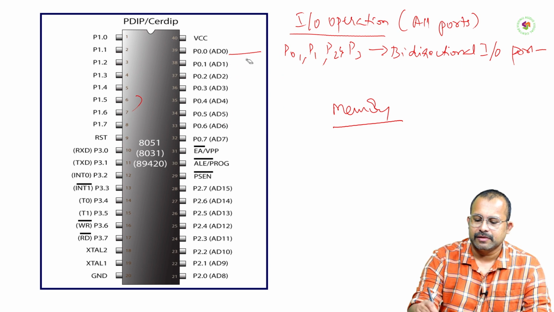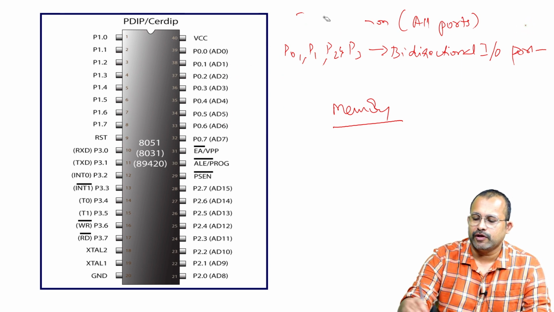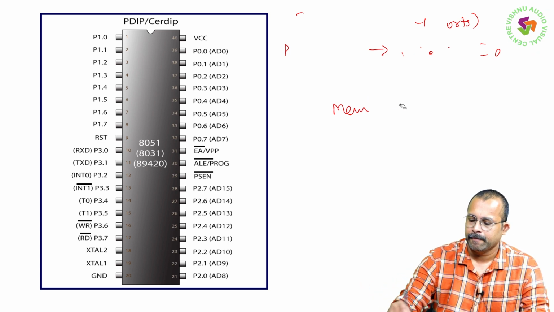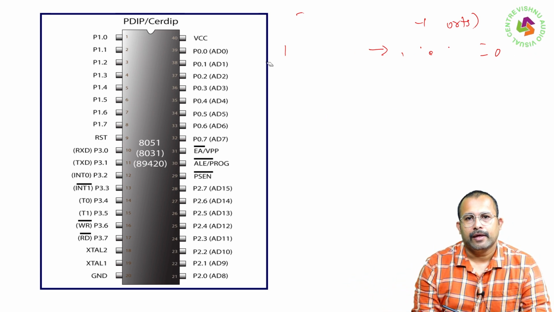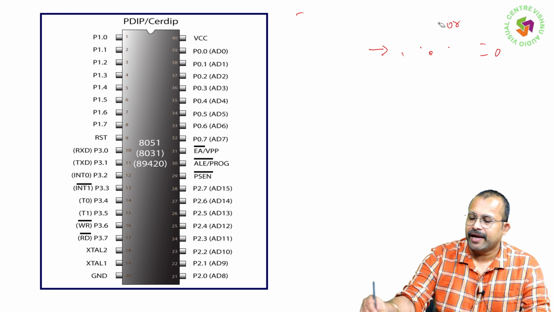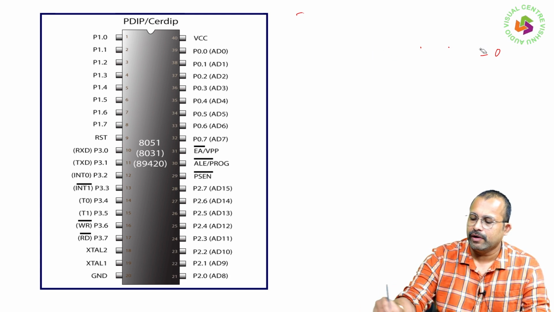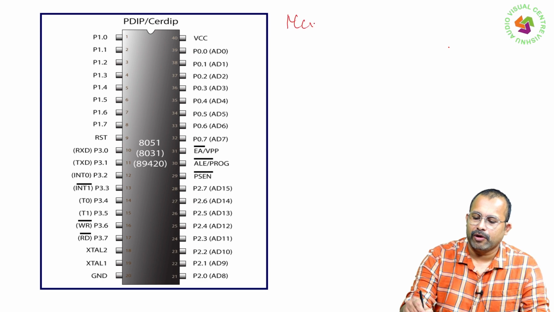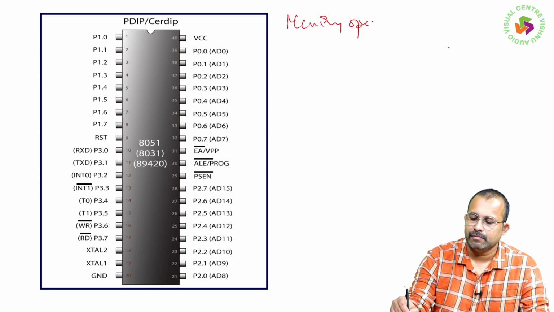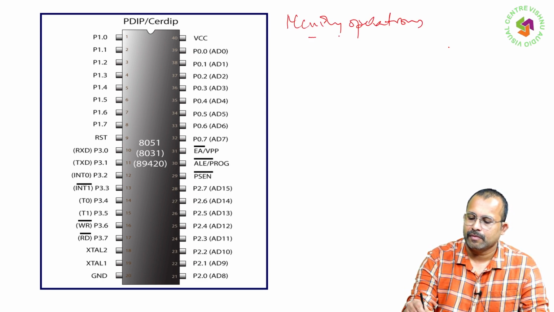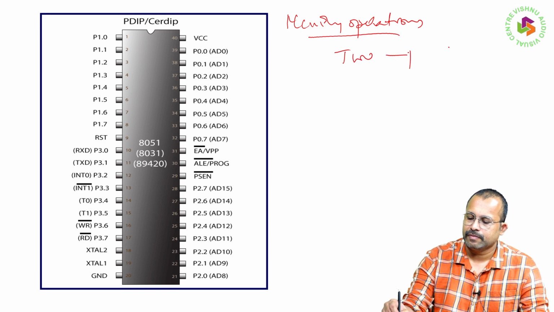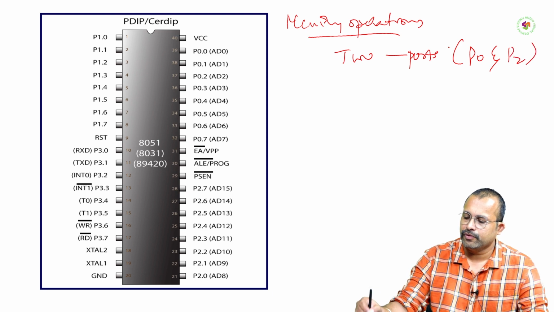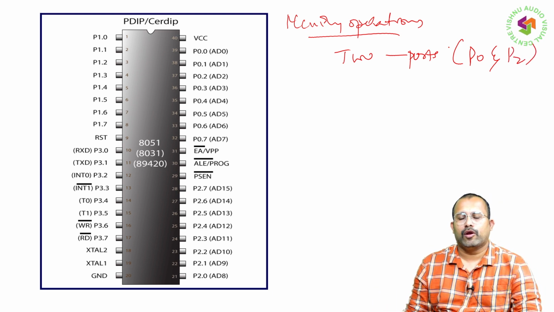In the normal case, if all the ports are used for IO operations, all the ports will be bidirectional IO ports. And when we want to connect extra external memory, 2 ports, port 0 and port 2, are allocated for memory.